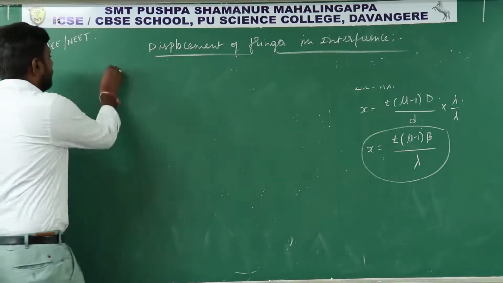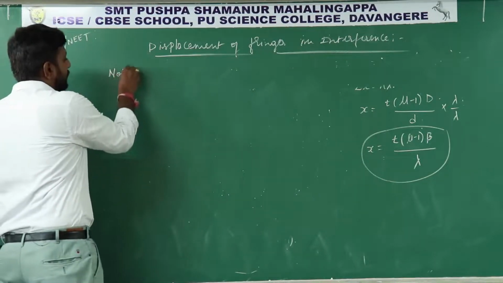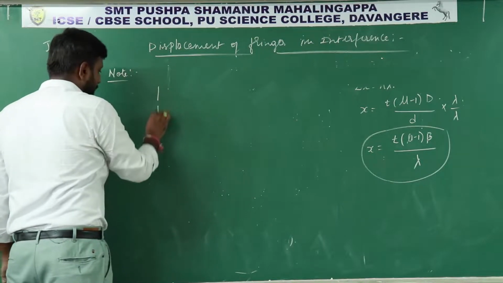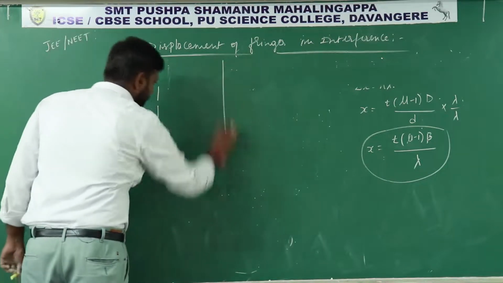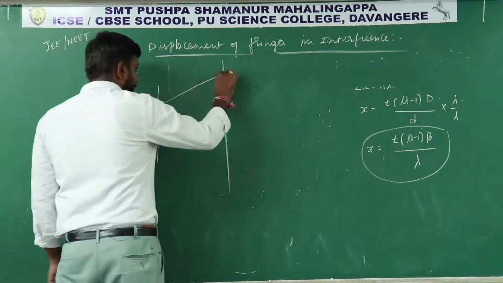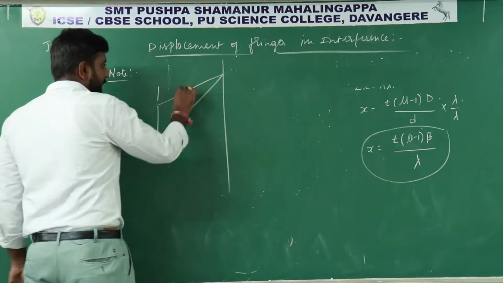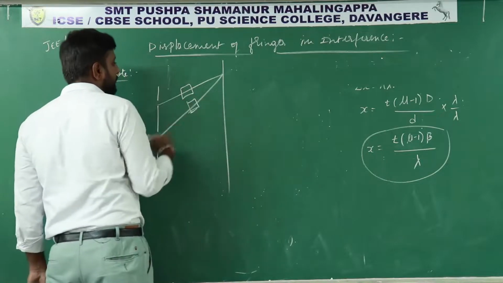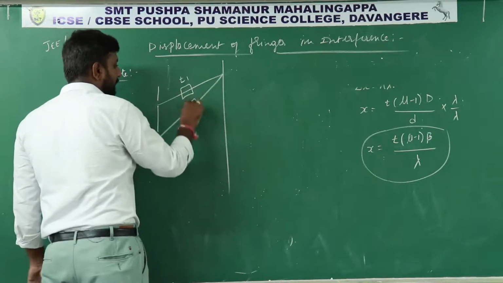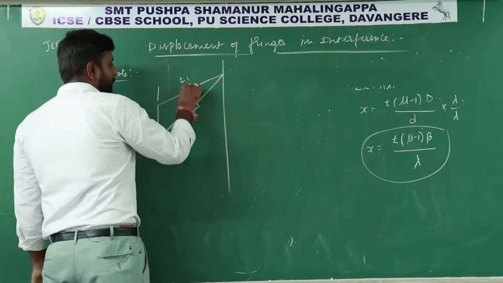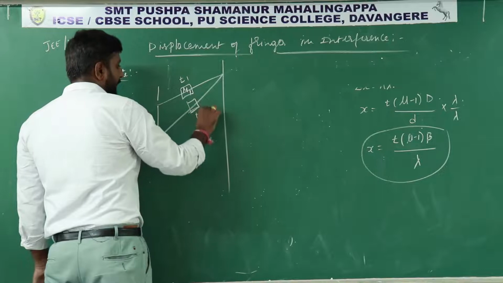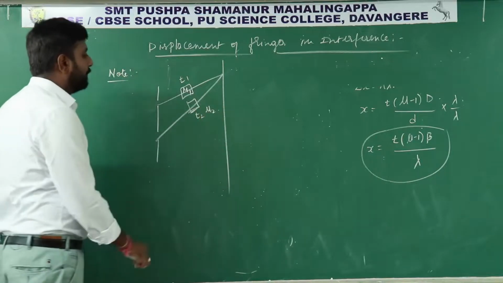Write as a note. So this is the condition, two slits. Here there is a screen, this is point P. Here you are placing slabs on the two beams. This thickness is T1 and refractive index is mu1; this thickness is T2 and refractive index is mu2.